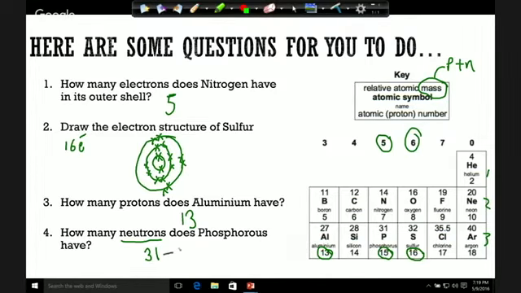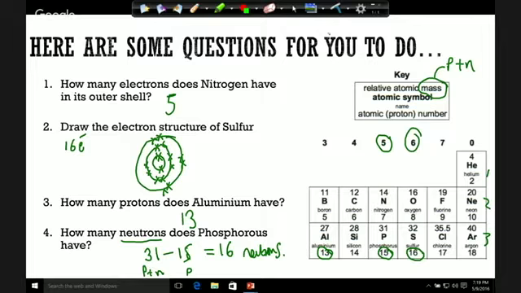So if I take away the protons from the protons and neutrons, I will get 16. So here we had the protons and neutrons. Here we had the protons. If I take that away from that one, that will give me the answer of 16 neutrons. Okay, so very well done if you got those questions correct.